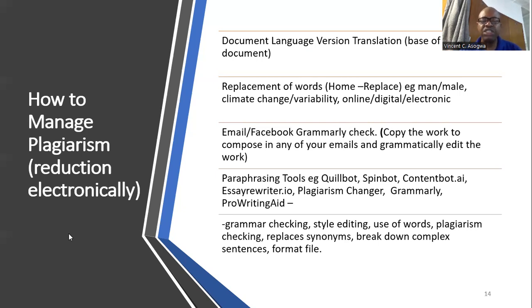You can use paraphrasing tools to reduce plagiarism. What are these tools? What are examples? There are many of them, but I have just listed some here. We have the Spinbot, we have the Content Bot AI, we have the Essay Writer IO, we have the Plagiarism Changer, and we have the Grammarly.